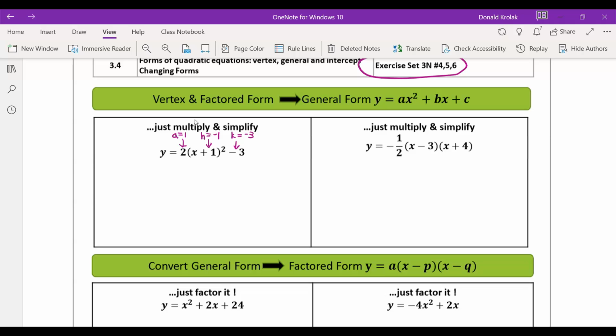Over here on this one, this tells us A is -0.5. P is 3. And Q is -4. Okay, questions on how I'm getting that?